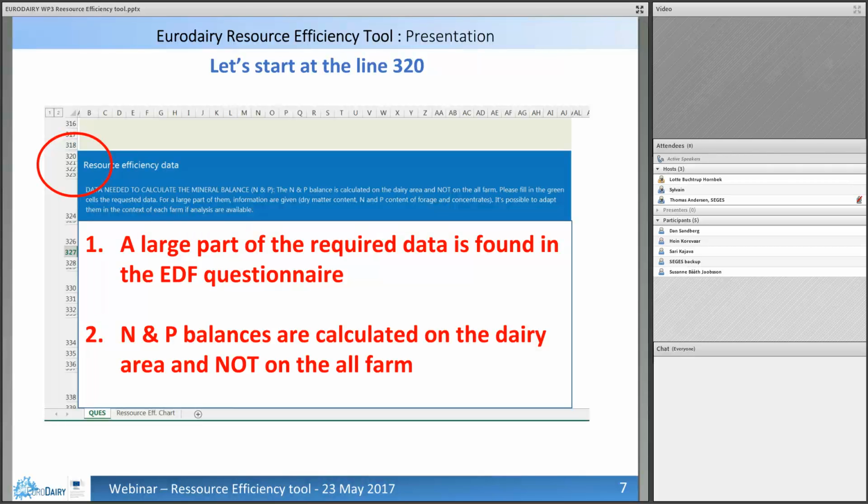A large part of the required data is found in the EDF questionnaire, for example, the number of cows, the average size of the farm, the surface developed in grasslands, in maize or other crops dedicated to the dairy farm. And a second thing is that the nitrogen and phosphorus balances are calculated on the dairy area and not on all the farm. It's very important.